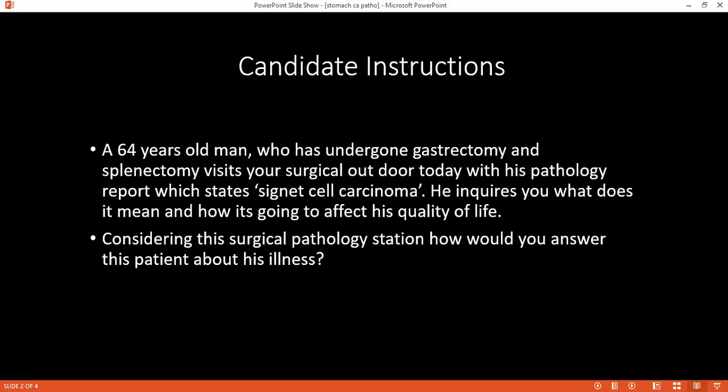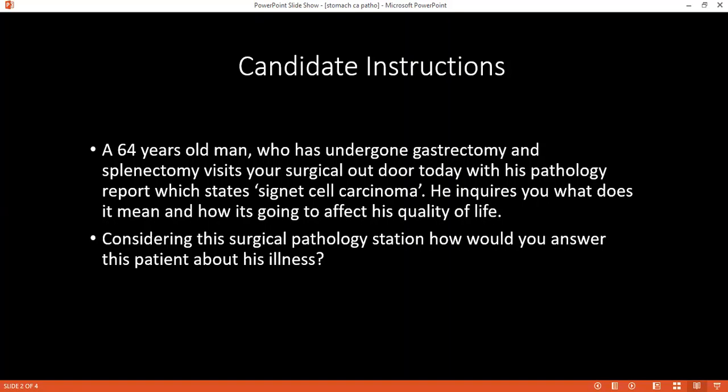Okay, can you tell me the prognosis of gastric carcinoma after treatment? About 5 years survival? Yes. Okay, can you please tell me what are the complications that can result after surgical treatment of gastric carcinoma?